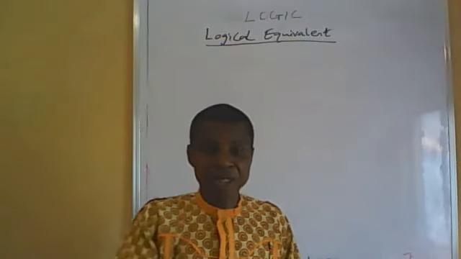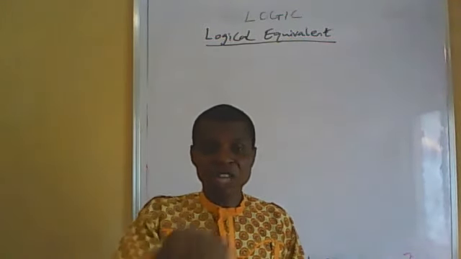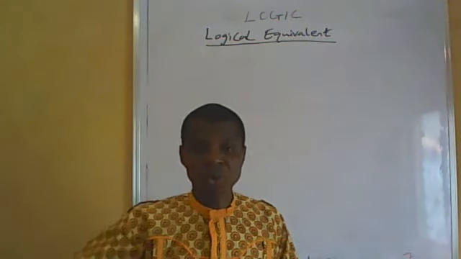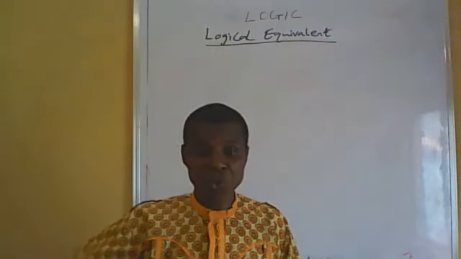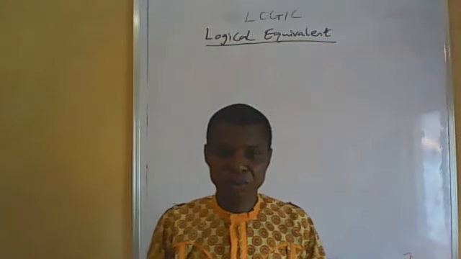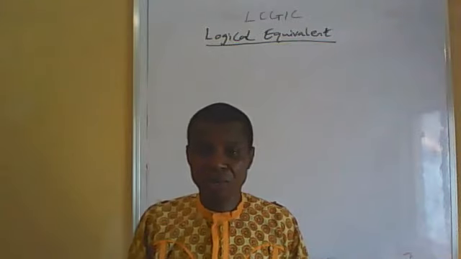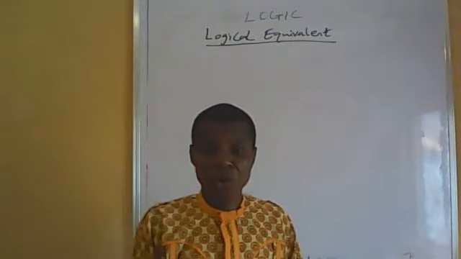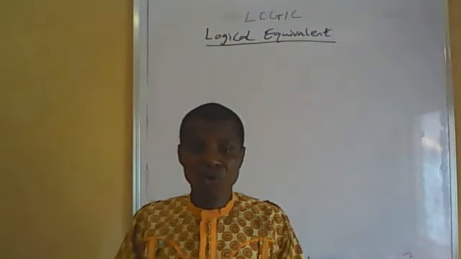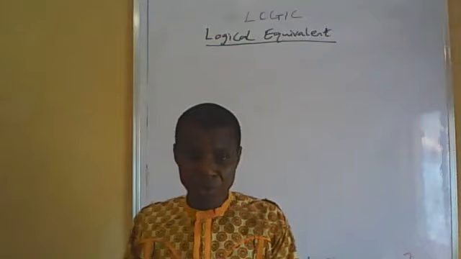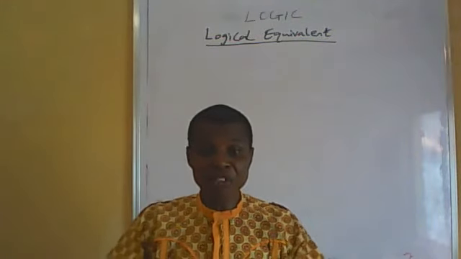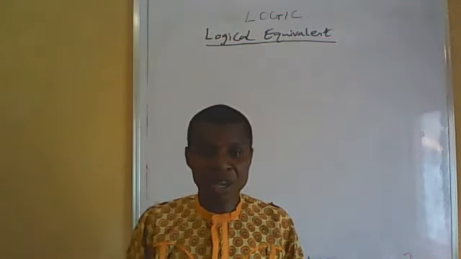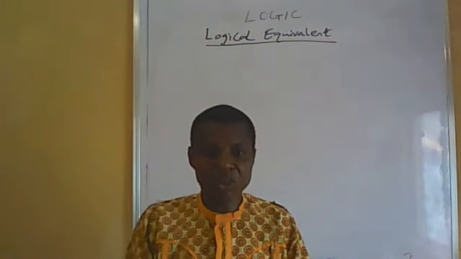If T, that means truth, is assigned to A, T must also be assigned to B. Or in other words, if falsity, that means F, is assigned to A, falsity must also be assigned to B. That means they have the same truth value. That's what we mean by logical equivalence. Let's write it on the whiteboard.